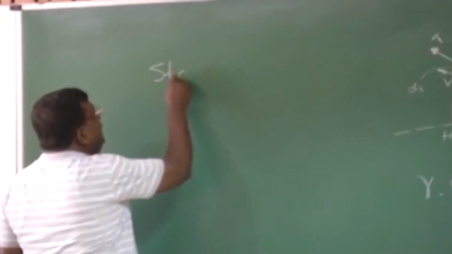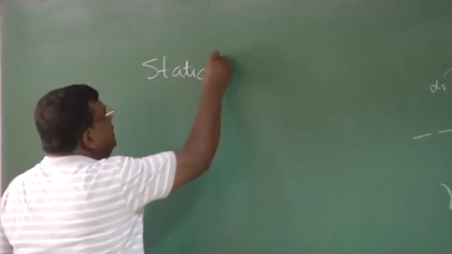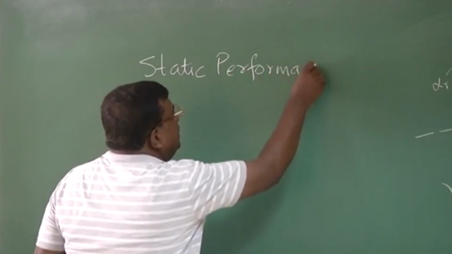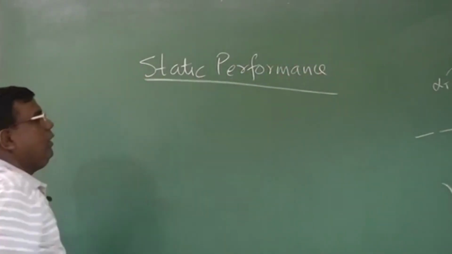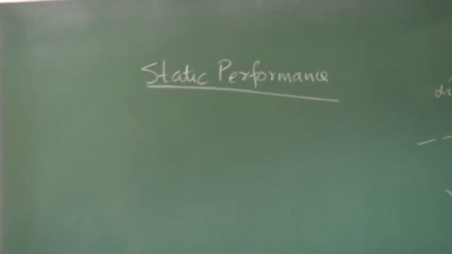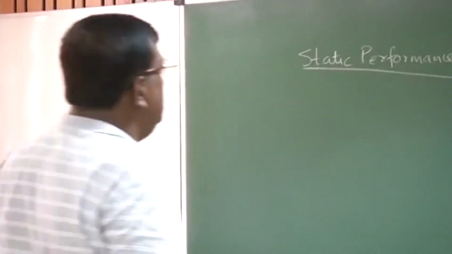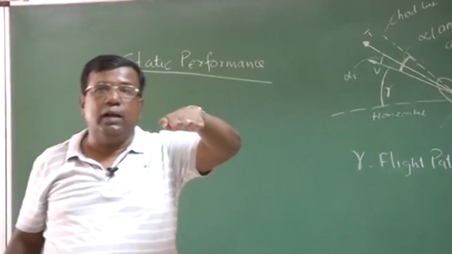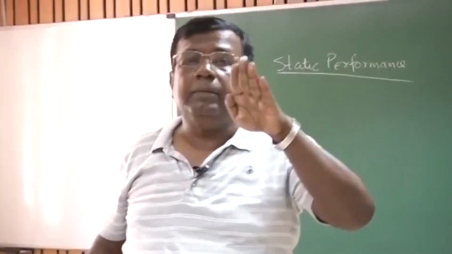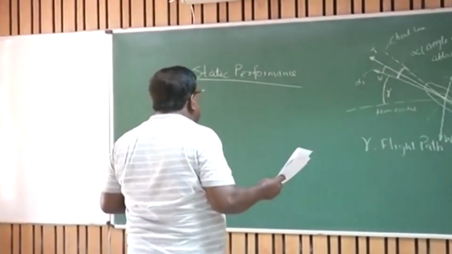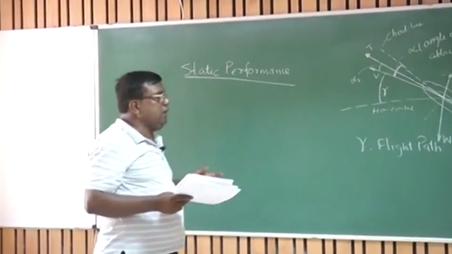We will be primarily dealing with static performance. What do you mean by static performance? We are actually concentrating on performance which is non-accelerated, that is, unaccelerated flight. Okay? That is, if I am cruising at constant velocity, if I am climbing at constant velocity, so we are not doing any flight where there is acceleration.